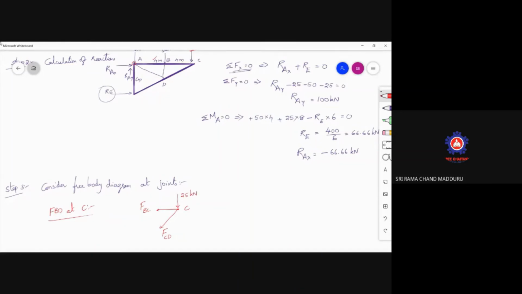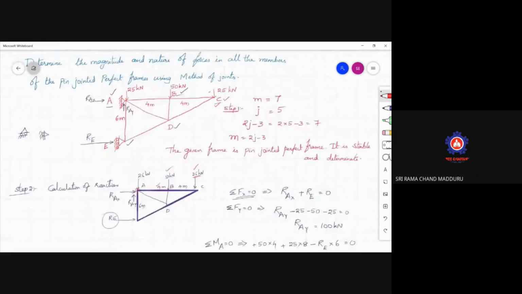You cut a section here, the members will be replaced with the forces, force in BC, force in CD, and here 25 kilonewtons is acting.